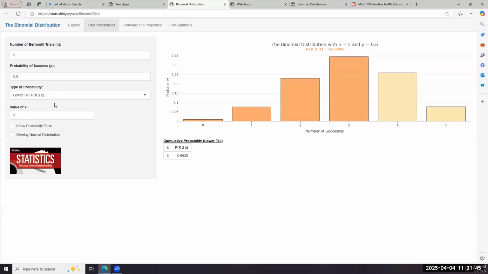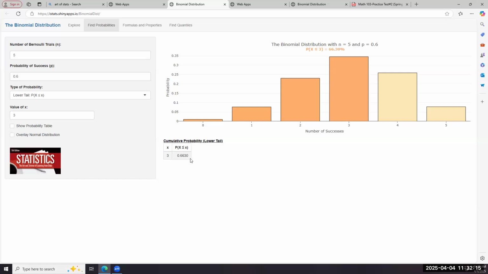The probability that x is less than or equal to 3 is 0.6630, which gives you 66.3%.